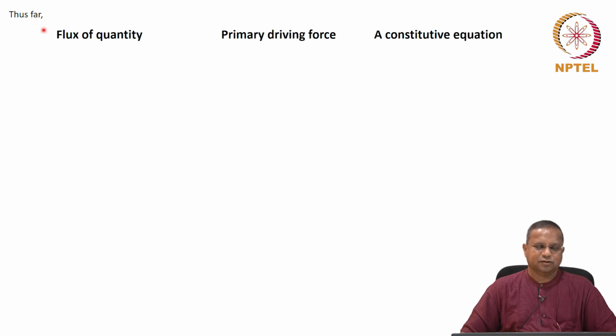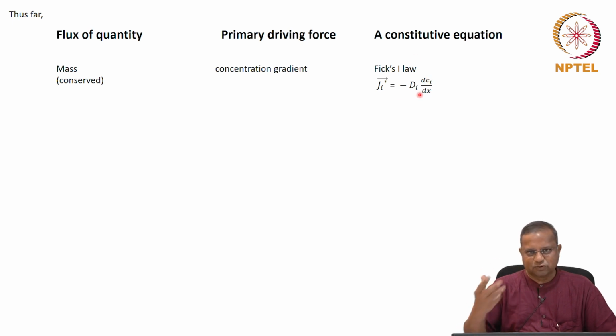Thus far, we have looked at the flux of a quantity, the primary driving force, and a constitutive equation. When we were looking at mass, the primary driving force was the concentration gradient, and the constitutive equation was Fick's first law, J_i star equals minus D_i dC_i/dx. I'm just going to write one dimension so that it is more intuitive.